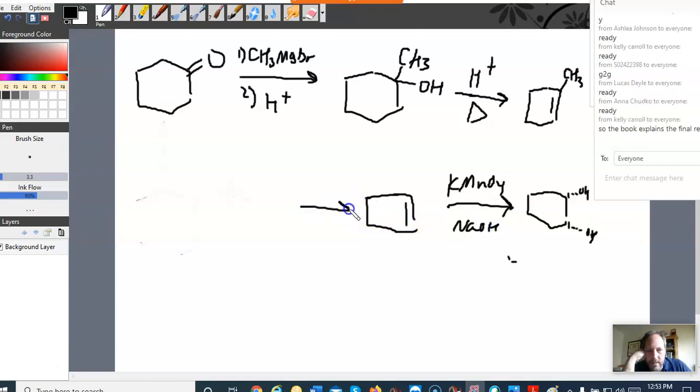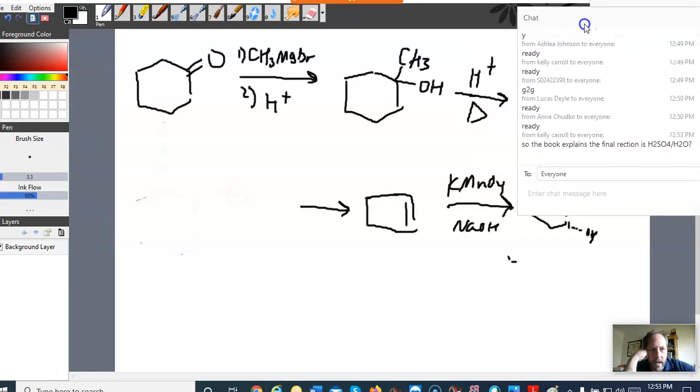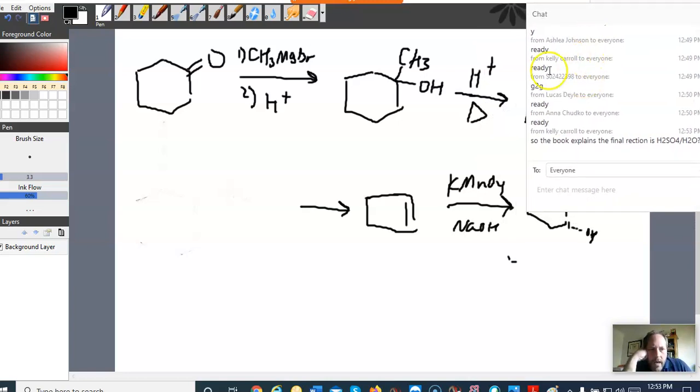Well, we know several ways to make a double bond. So the book explains the final reaction is H2. Yeah, so remember last week, I think you were here, we talked about the difference between a nucleophilic acid and a non-nucleophilic acid. And we said that anytime you see sulfuric acid, that's a non-nucleophilic acid, right?